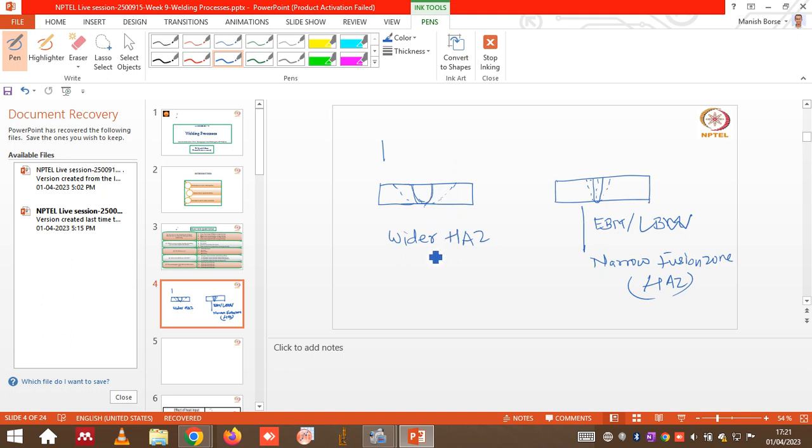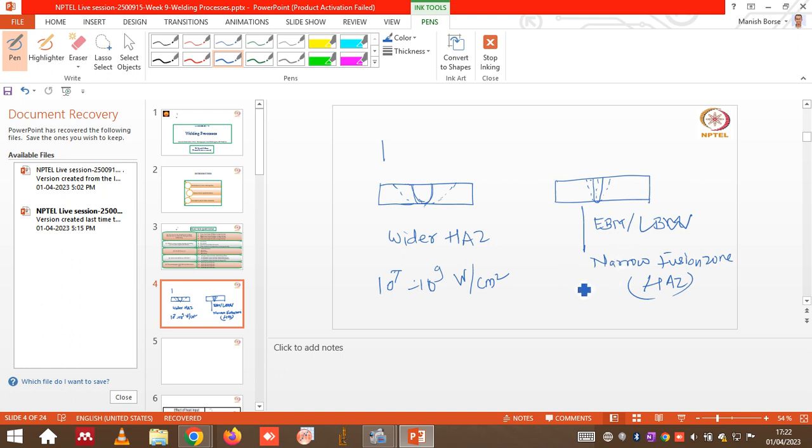Also, the energy density or power density for such processes is in the range of 10 raised to 2 to 10 raised to 4 watt per centimeter square for arc welding, which ends around 10 raised to 7 to 10 raised to 9.